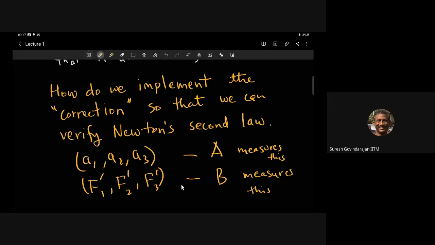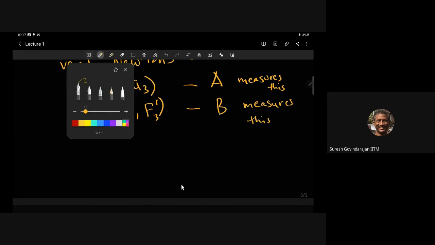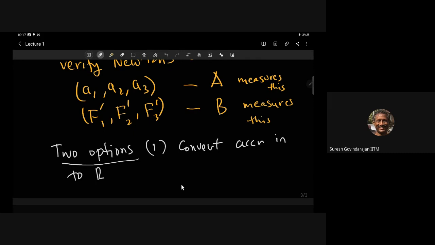Right. So now really what we need to do is, we have two ways to do it. Either we find out how this will work, so two options. One is convert acceleration into B's coordinate system.